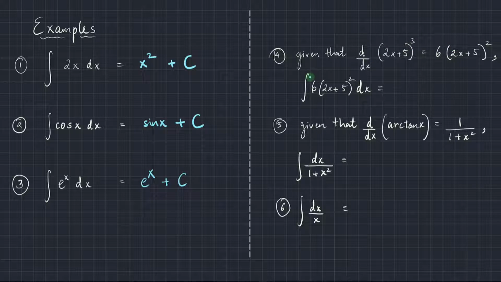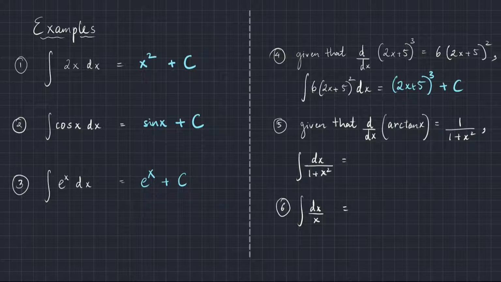And so the question asks, what is the integral of 6 times 2x plus 5 squared? Well, since we know that 2x plus 5 cubed is the antiderivative of 6 times 2x plus 5 squared, we can just write the answer as 2x plus 5 cubed plus c. In number 5, we know from differential calculus that the derivative of arc tan x is 1 over 1 plus x squared.